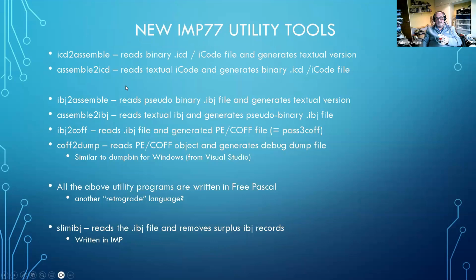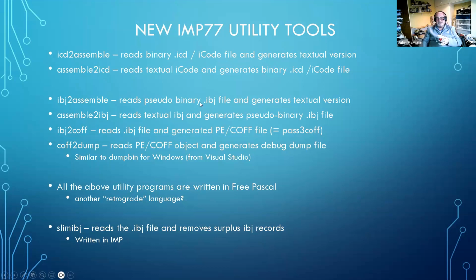I mentioned earlier there are some extra utility tools. One is called the ICD to assemble. So as I've said here, it reads the binary format ICD or ICode file and generates a textual version, and then reversing it back takes that textual version and creates the genuine binary ICD back. Then there's also IBJ to assemble and assemble to IBJ.